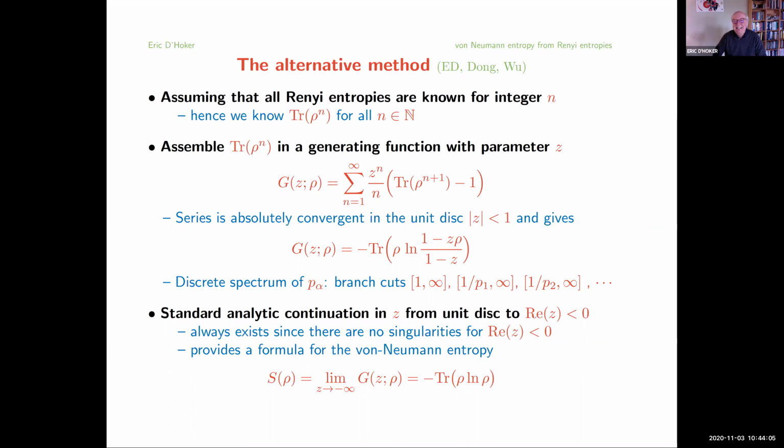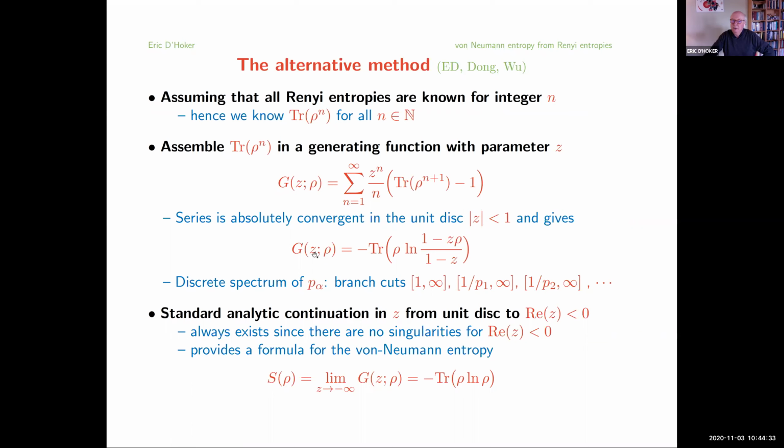Can I add a question? Yes. Do you think that this G as a function of Z may have some other interesting physical meanings, such as entropy, or some concept similar to entropy, for other values of Z? Well, no, I don't really have a good guess at this point.